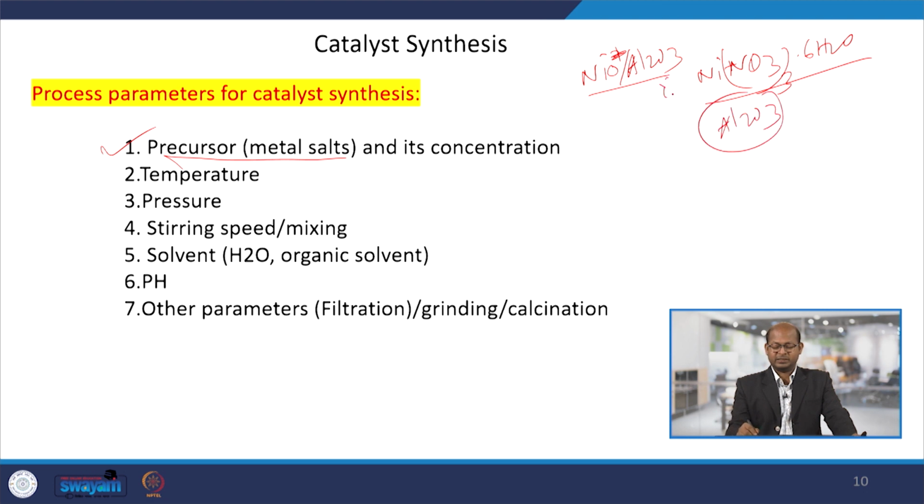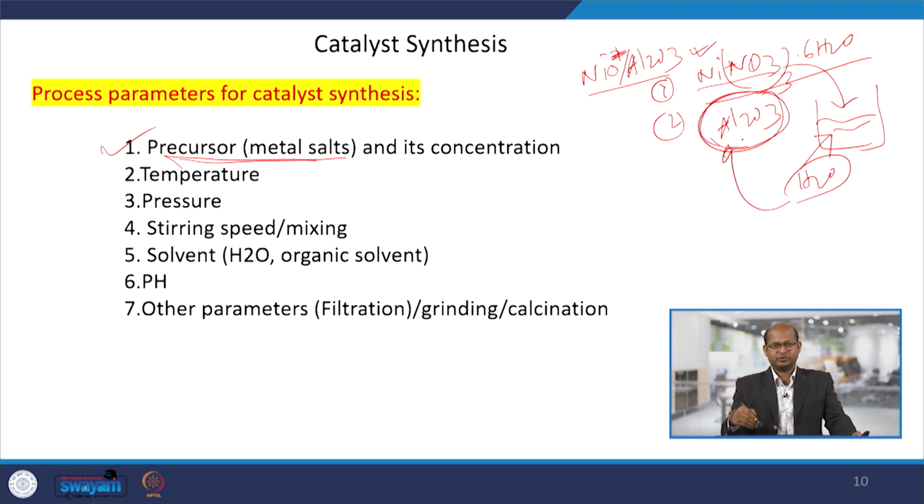These are the starting materials, the precursor salts. Different concentrations we can use as per our requirement or as per the target catalyst we are going to synthesize. We have to make a solution, let us say in water. In water we dissolve the salt, and then we disperse or mix it with the alumina, and then by a step process the final catalyst we can prepare.